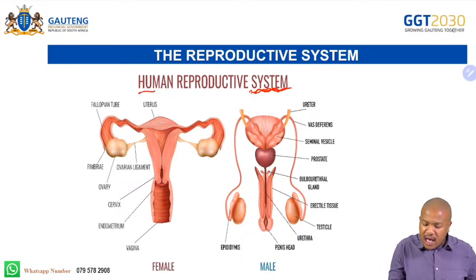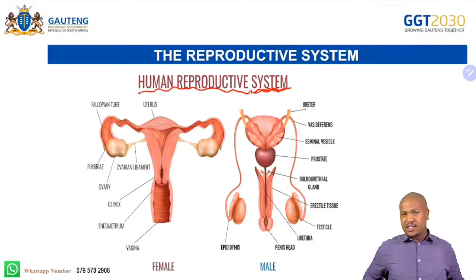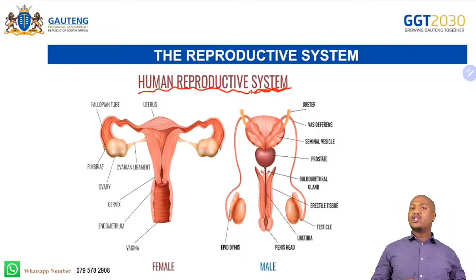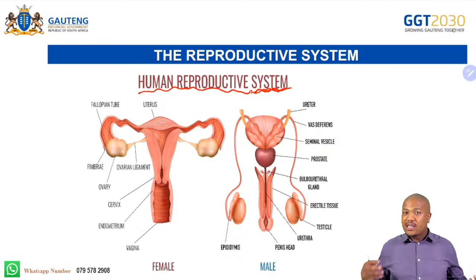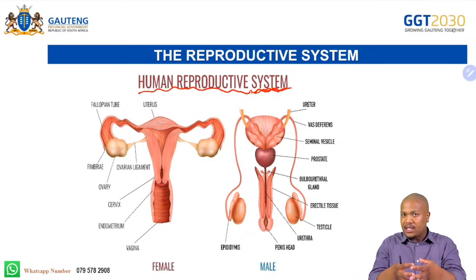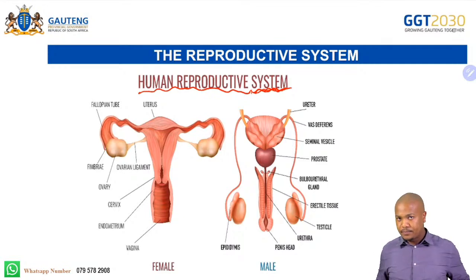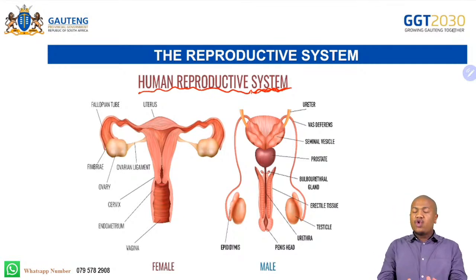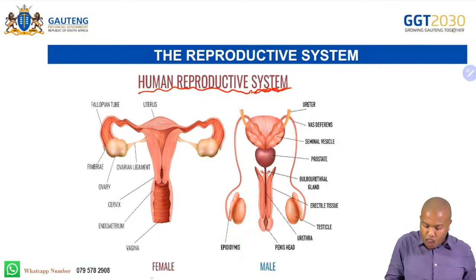Today we're talking about the human reproductive system, so we're talking about different parts from human beings, the male and the female, which work together to bring about offspring and to ensure human survival. So these are the two human reproductive systems: one for female and one for male.